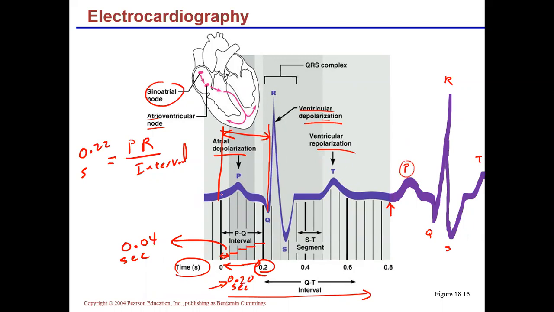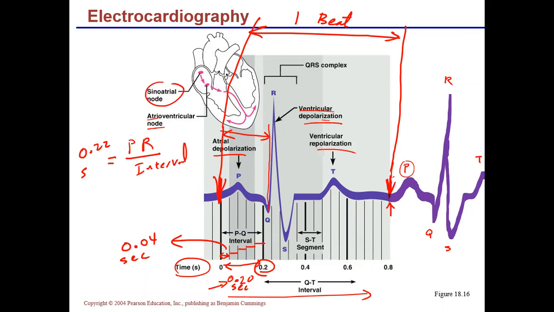So if I start from the P and end at the beginning of the next P, from here to here, that gives me the duration of 1 beat of the heart. 1 beat of the heart consists of contraction and relaxation, and that's what I observe.